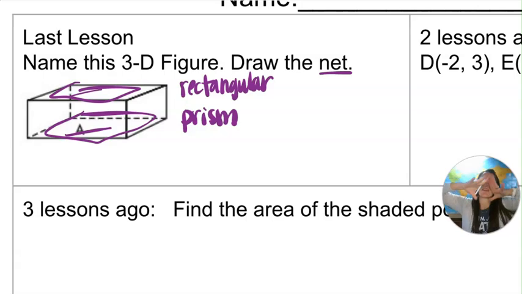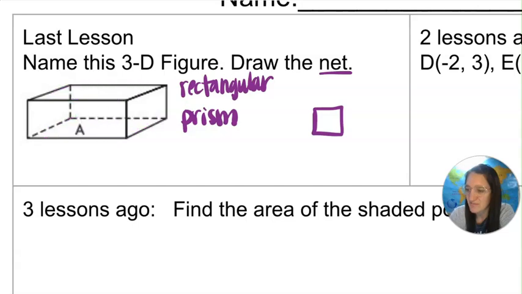Remember, the net is the flattened version of it. So I've got this flat piece. I'm going to erase this. This is my attempt to get the flat piece right.